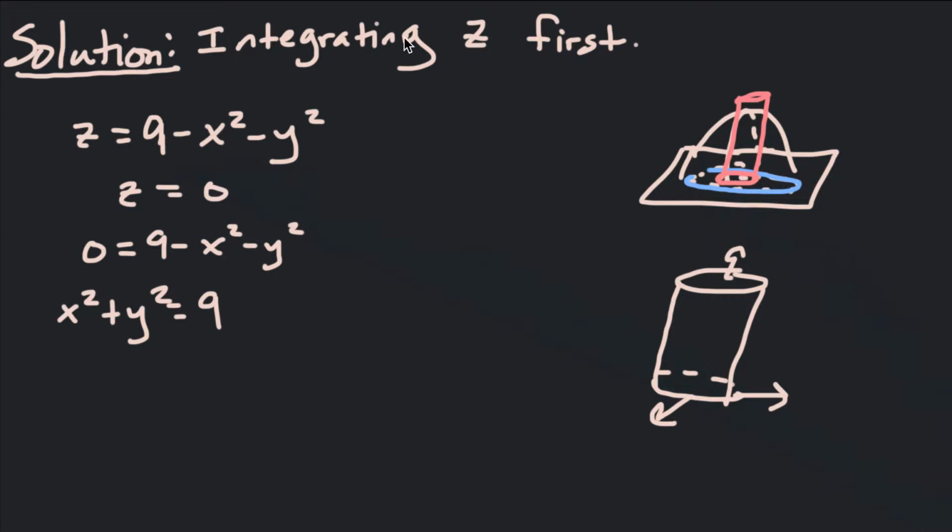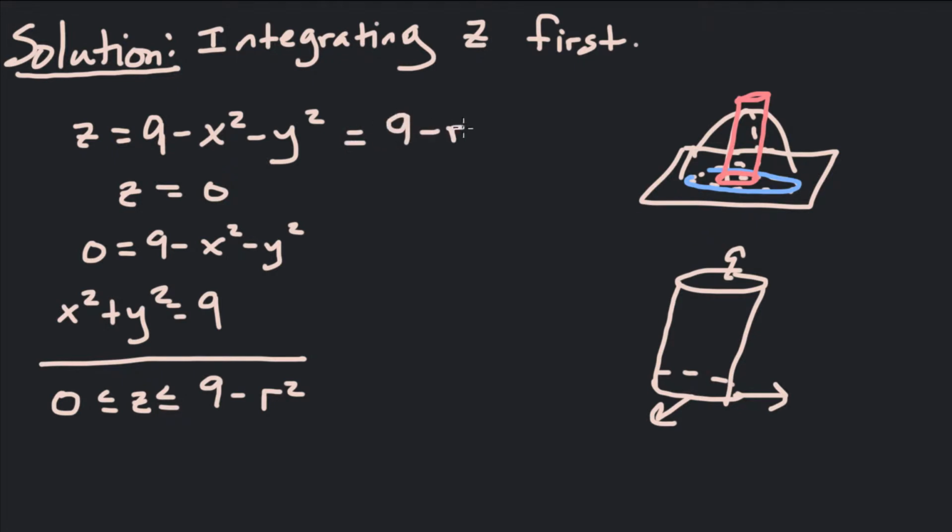Describing this with bounds integrating z first, z is going to go from 0 to the paraboloid, 9 minus r squared. If we convert the paraboloid into cylindrical coordinates, that's 9 minus r squared. So that's the bound for z.